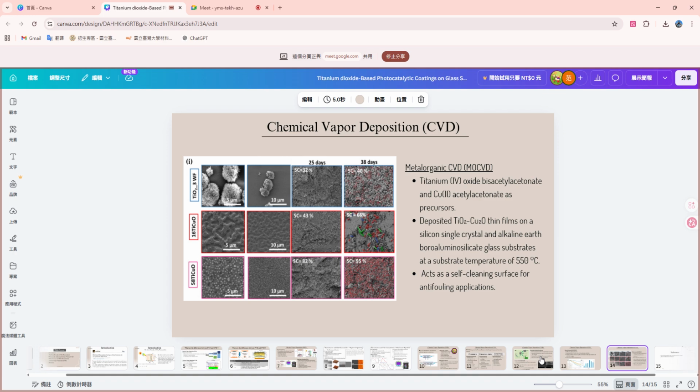The coating was deposited on a silicon single crystal and borosilicate glass substrate. The photocatalytic TiCuO composite coating could be used as a surface to induce an active antifouling activity. The coated glass was immersed in seawater to evaluate its antifouling effect.